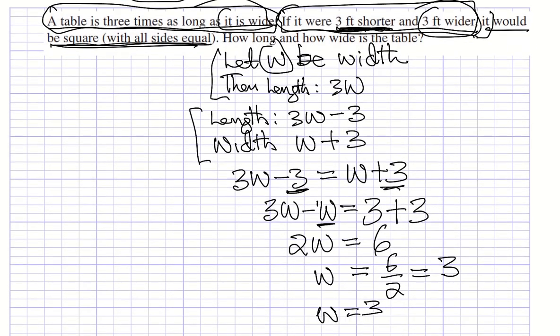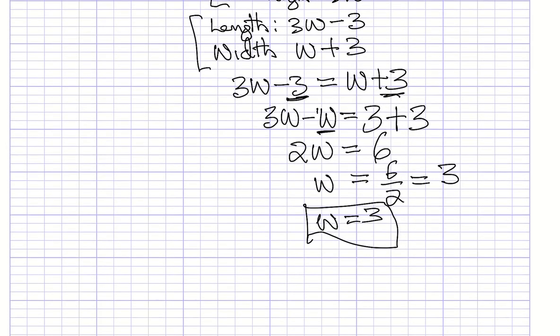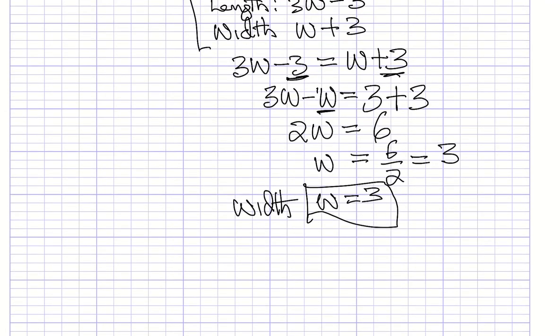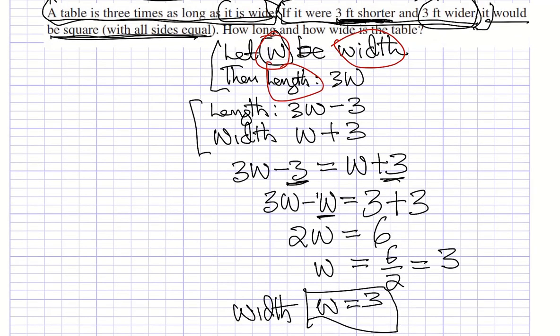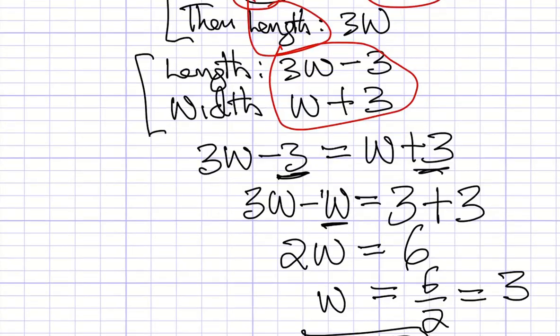So then, how long and how wide? The width will be 3, because that's what we defined it to be originally. Then the length. We used this condition to solve for W, so we'll go back to the original condition.